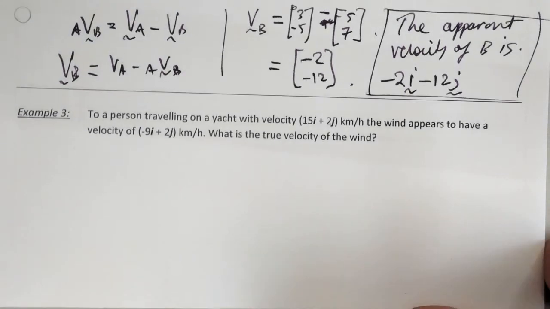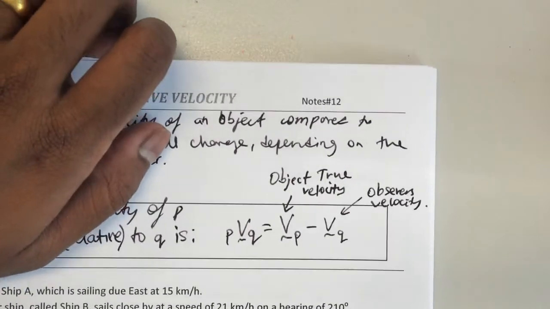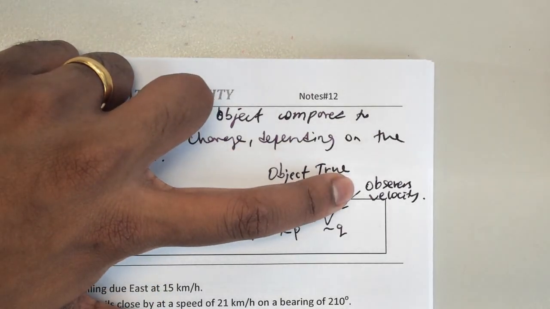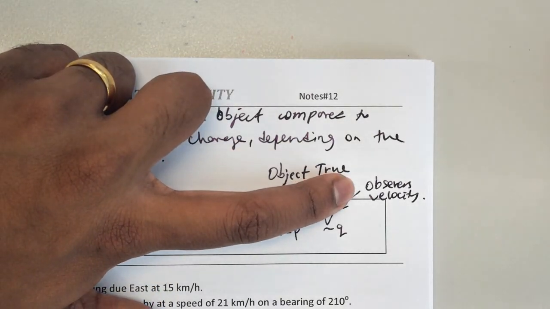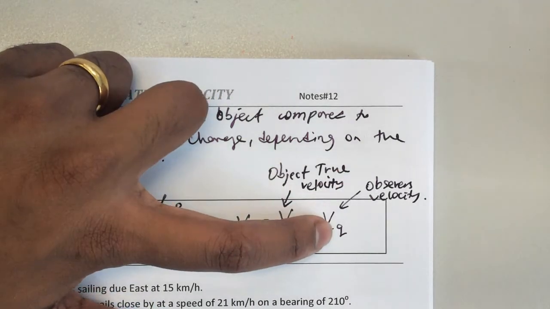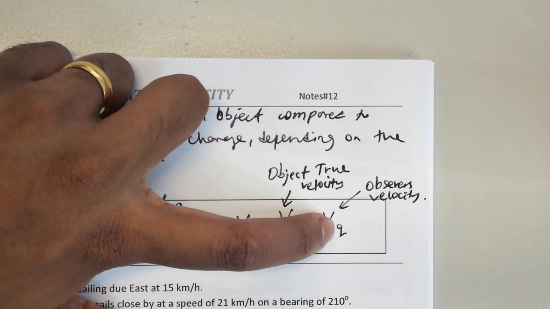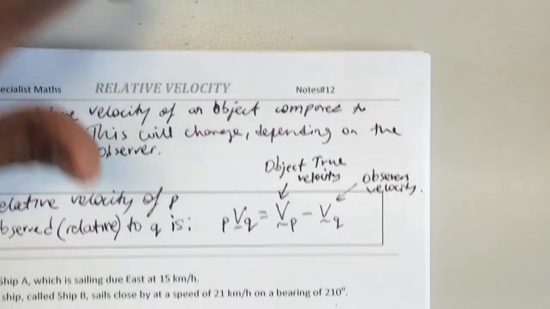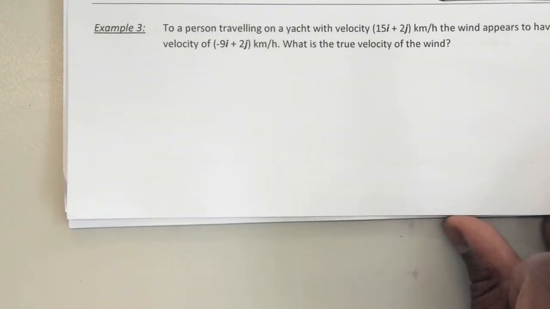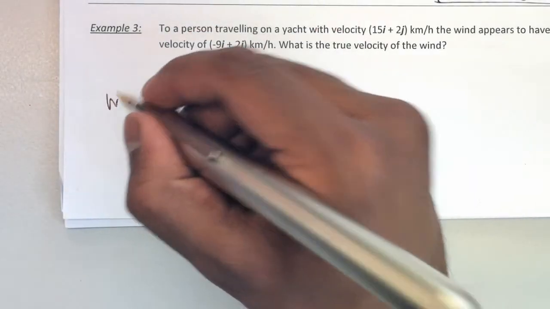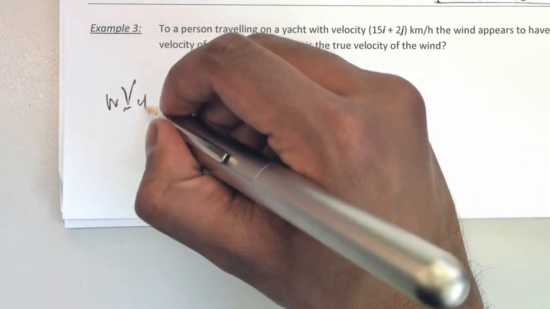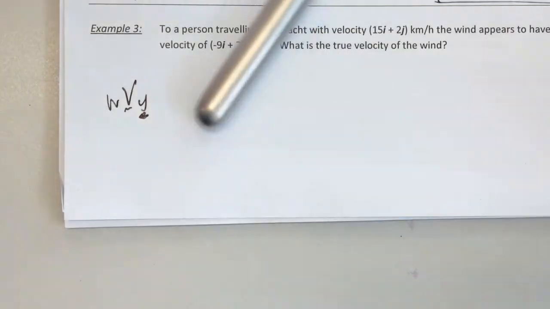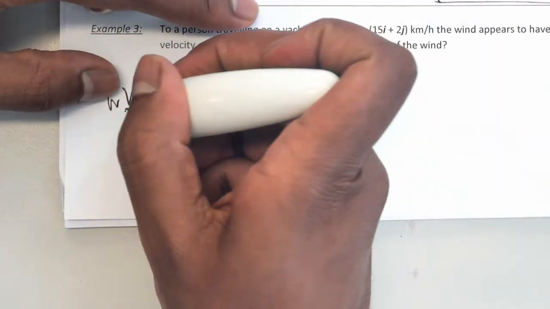So if you go back up here, that's the true velocity, that's the observer's velocity. So we're observing the wind, and let's just call that y for yacht, and let's call that w for wind.